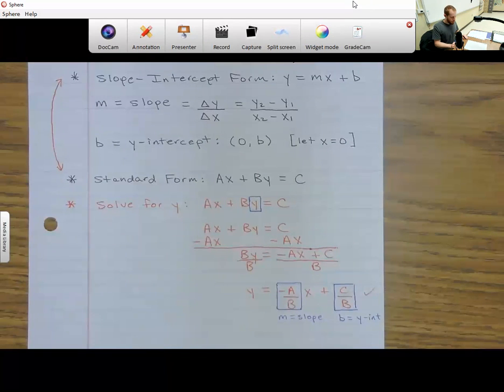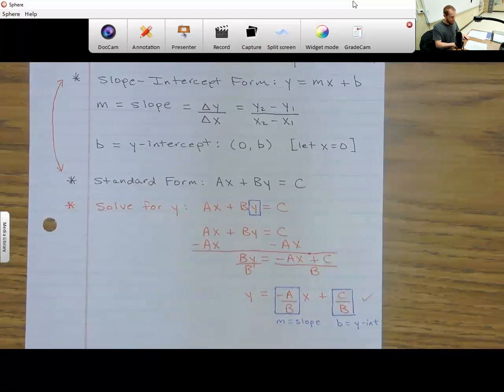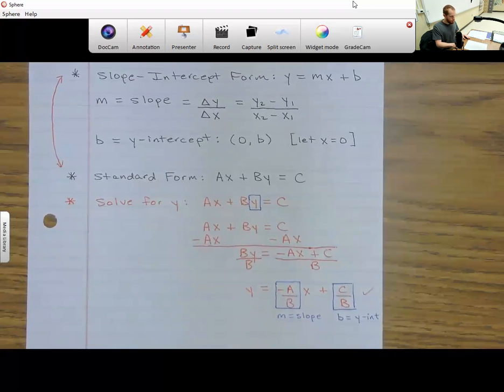So that's basically what slope-intercept form is. You've got y by itself. You've got mx plus b. And that's the way you go from standard form to slope-intercept form. Okay? Now let's look at some problems from the problem set.